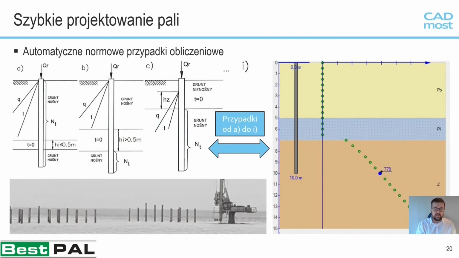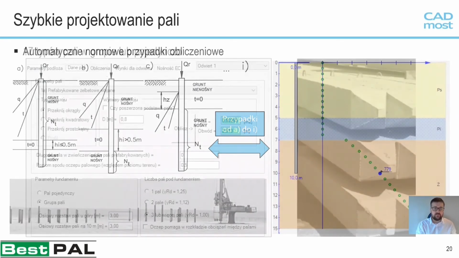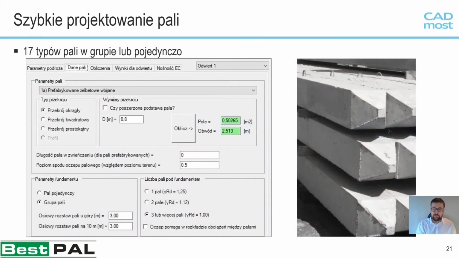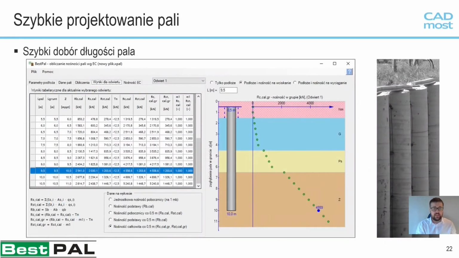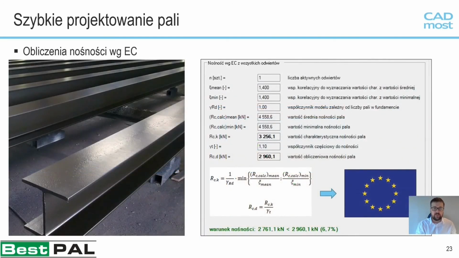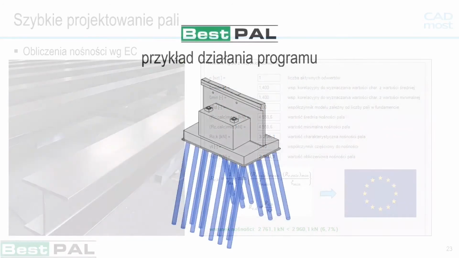And you've got different calculation situations included in the Polish standard, for calculations based both on the Polish standard and Euro standards. And you've got 17 different types of piles, and they can be calculated individually or in a group. And now you can select the individual length of your pile, and quickly you get the load conditions.